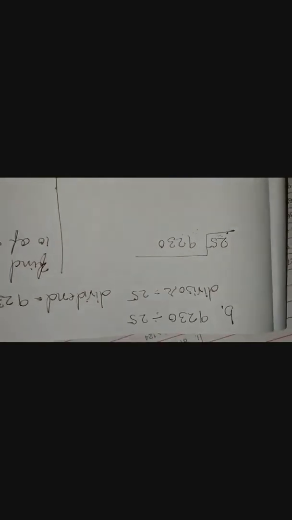We don't know the table of 25, so we multiply with 13. 13 ones are 30... 13 twos are 60, we write 60 as it is. 13 threes are 90, we write 90 as it is. 13 fours are 120, we put the 0 here as it is.